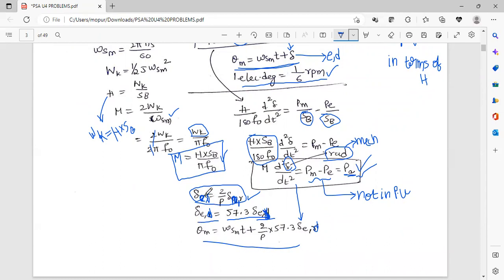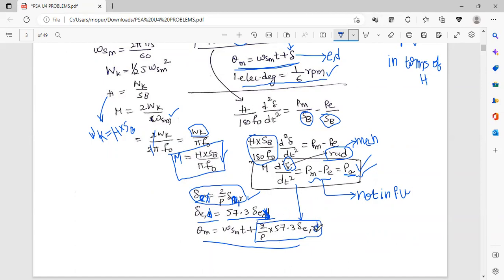So one electrical radian, how you will get from mechanical radian: into 2 by P gives electrical radian, into 57.3 will get you the electrical degrees. So this 2 by P into 57.3.